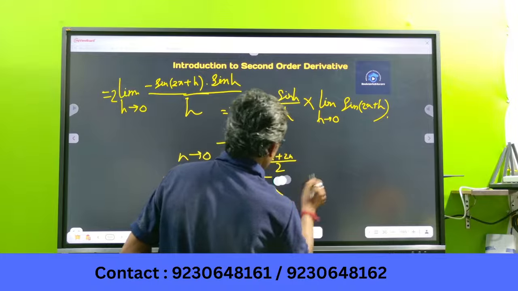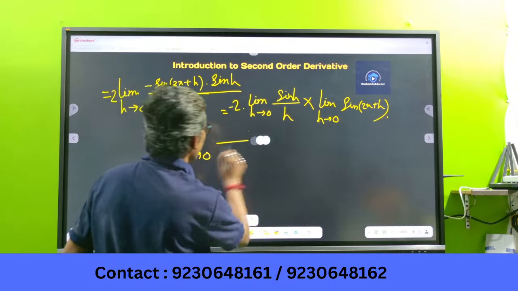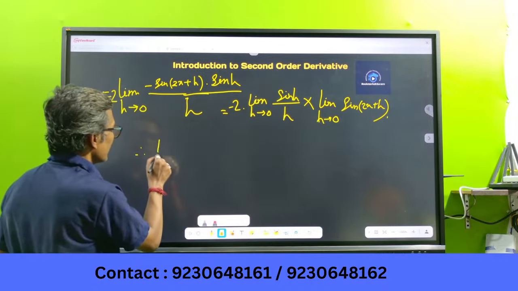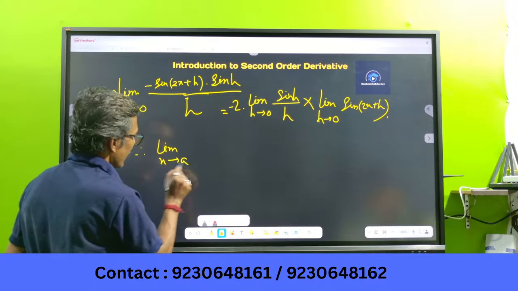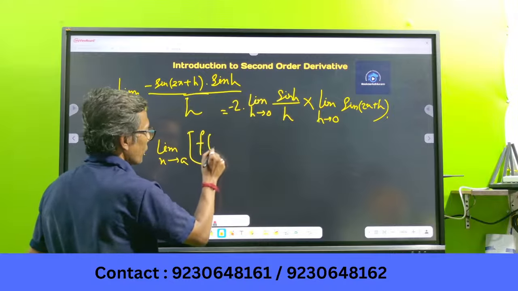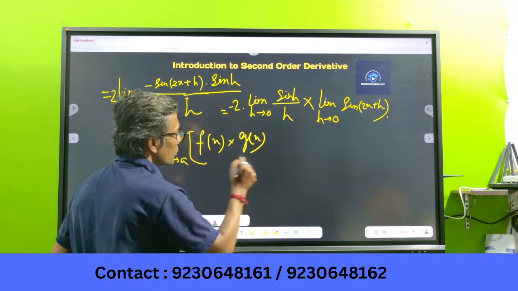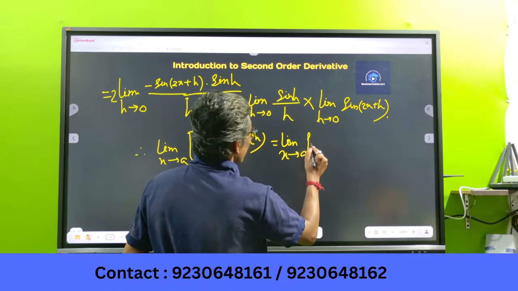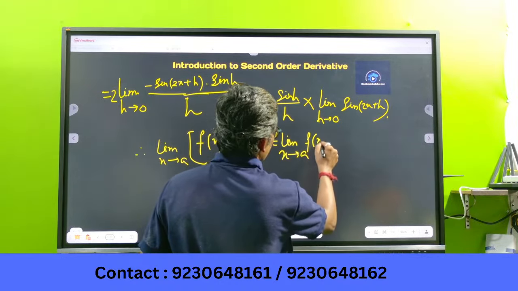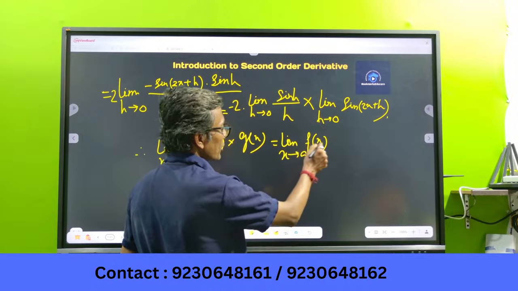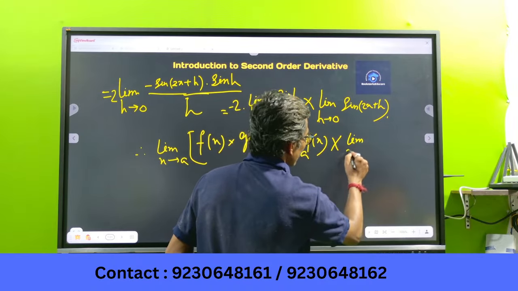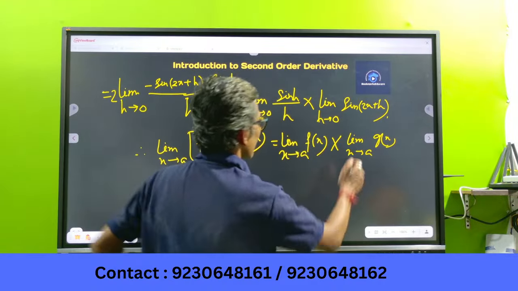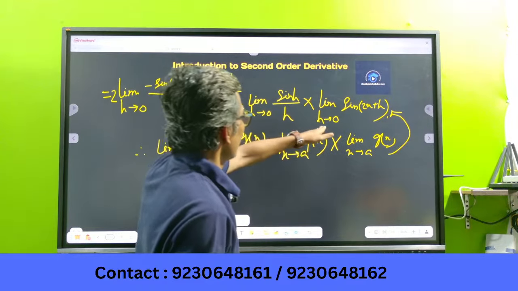From the properties of limit, for more than one function, limit x tends to a of f of x into g of x can be written as limit of function f of x into limit of function g of x. I use this property in this line.